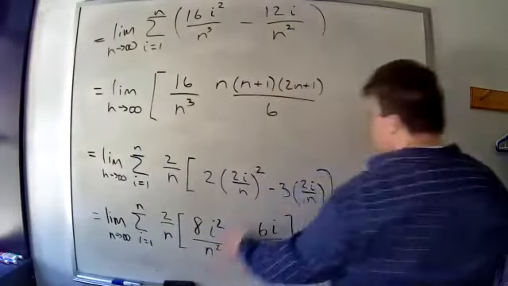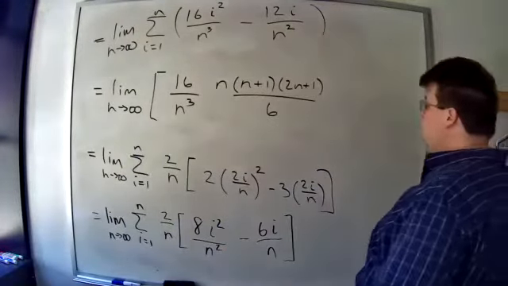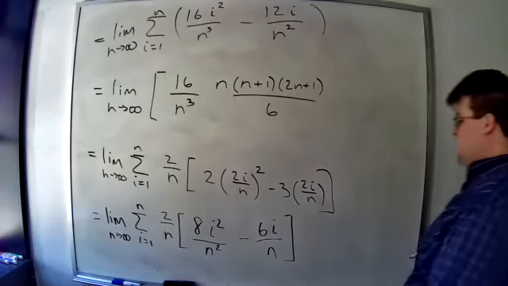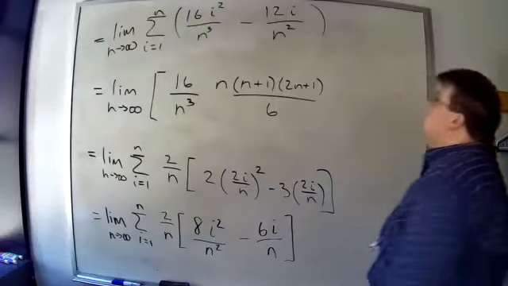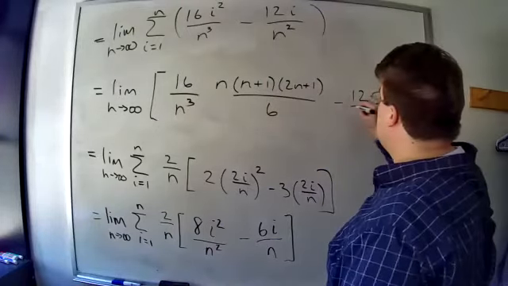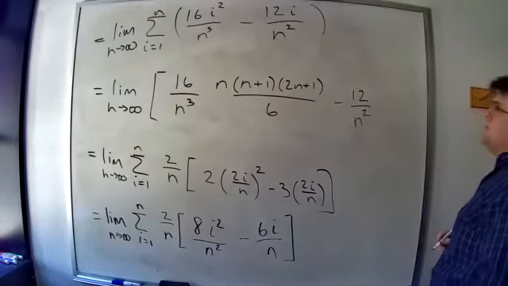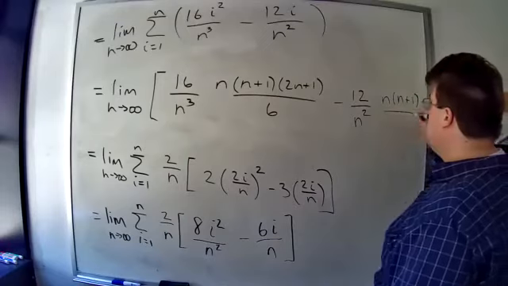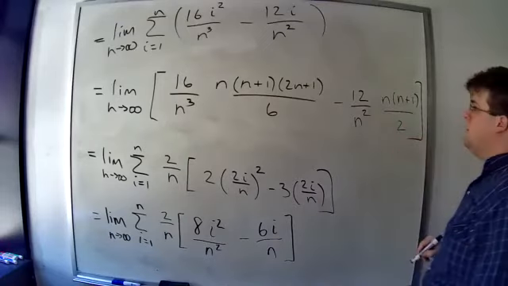Yeah, I don't have these memorized. This one might be minus. I probably should have written that on this page. And then we have the sum of i's. We'll take out the 12 over n squared, and the sum of i is n times n plus 1 over 2.